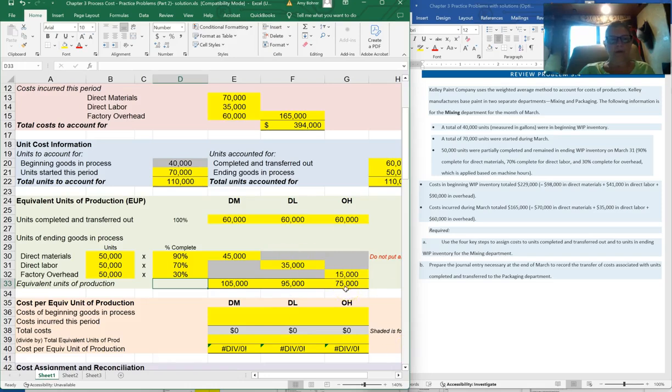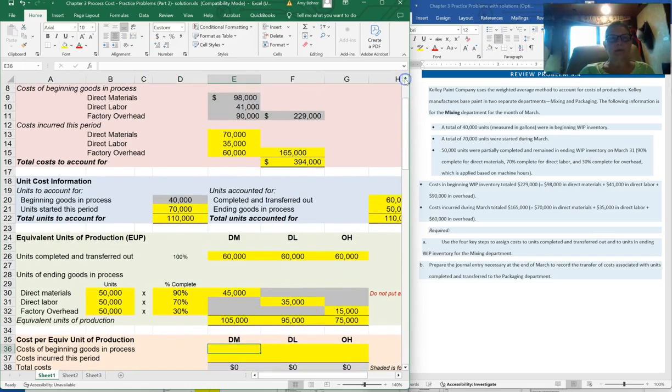Okay, so it gave us the beginning cost, and if we go back up here, we'll see it was 98,000. I'm getting it right from here, cost of beginning goods in process, and all I'm doing is transferring these numbers down here. So I've got 98,000 for direct materials, 41,000 for direct labor, and 90,000 for factory overhead.